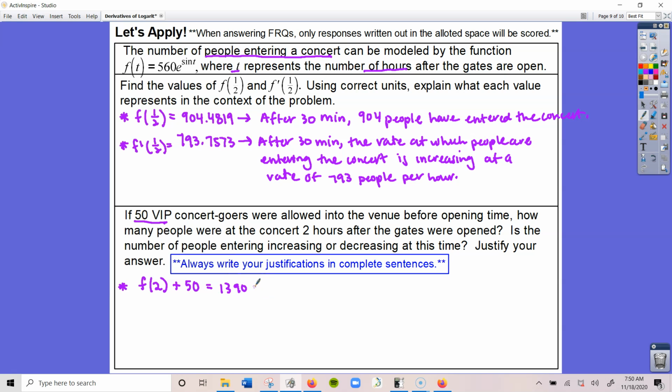That's how many people, plus 50, which is going to equal 1,440. So 1,440 people are at the concert 2 hours after the gates are open.